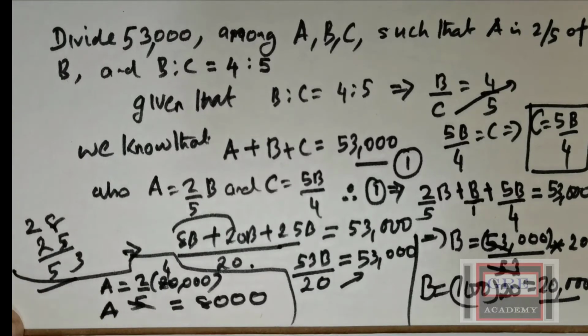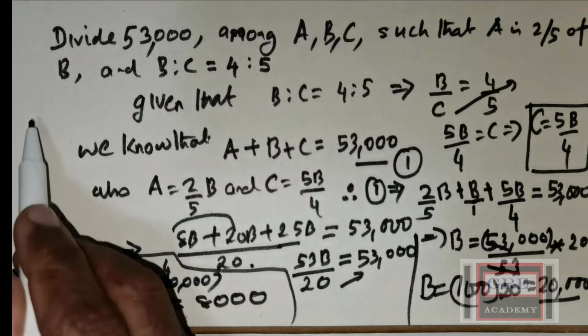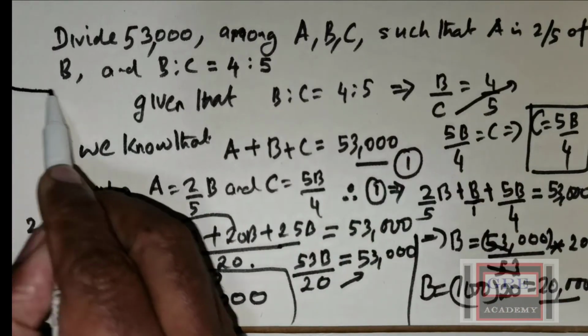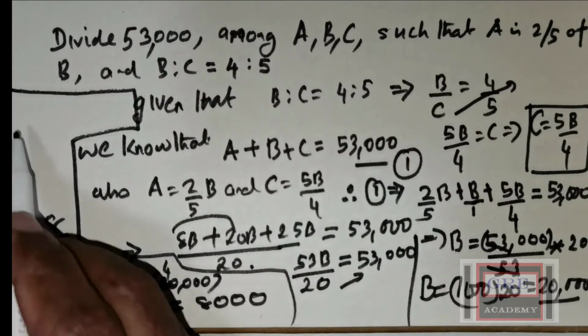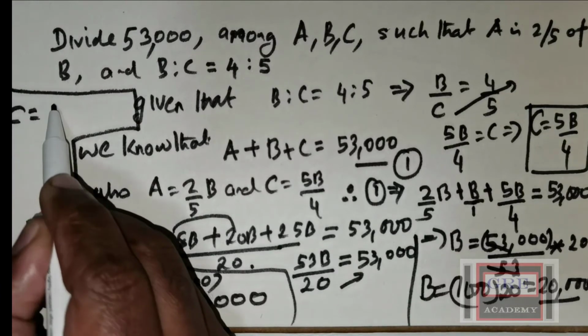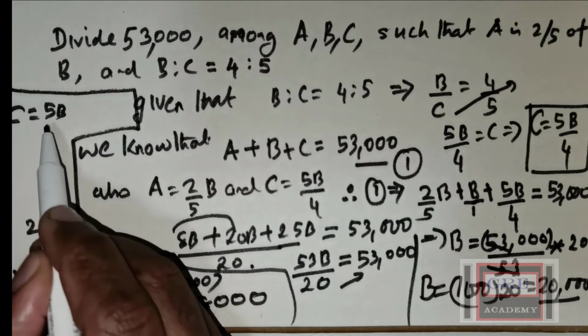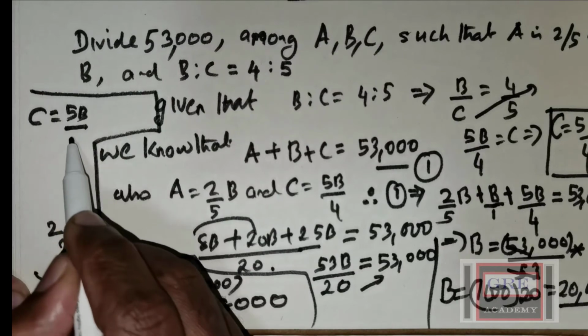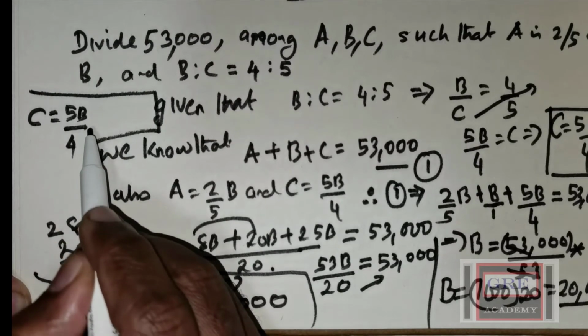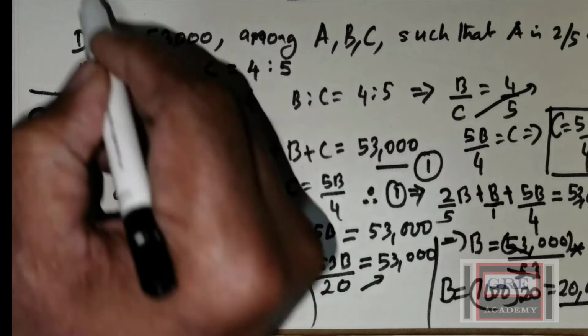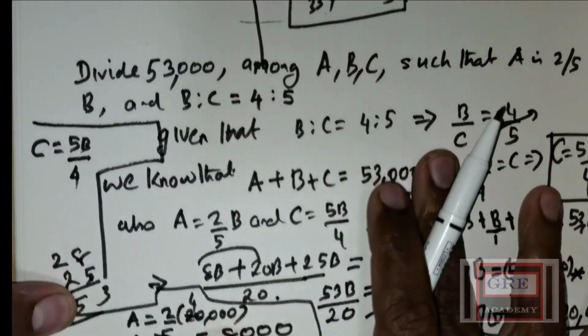Now let us see what's the value of C. I'm going to use this space here. Now C is 5B divided by 4, but B is 20,000, right? So let me place it here.